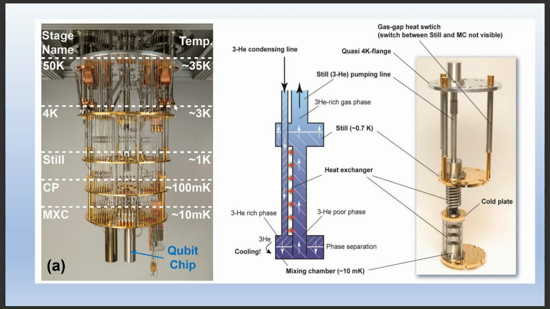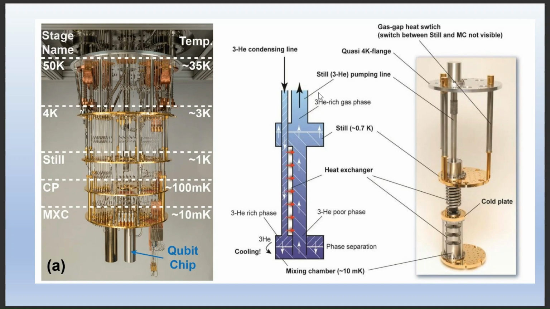When we introduce the helium-3 and helium-4 mixture, it goes down this line and comes out through this line. This is also called the dilution unit.